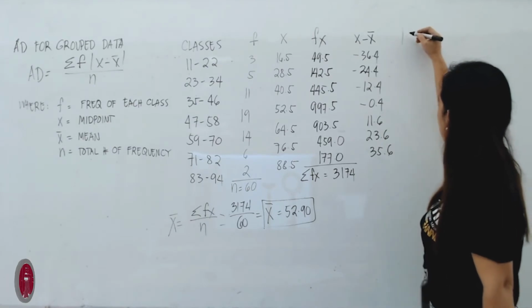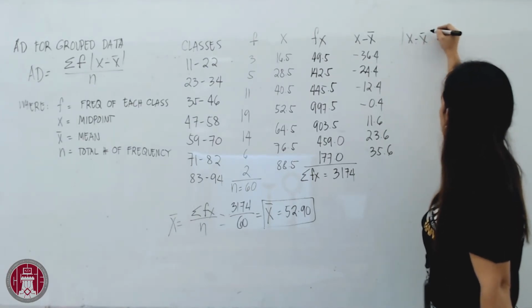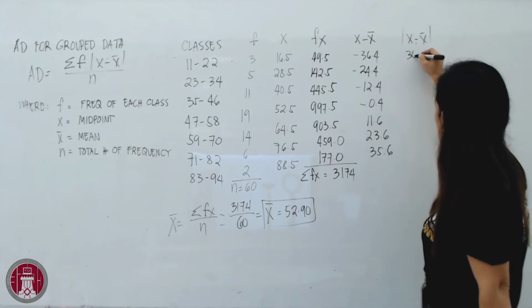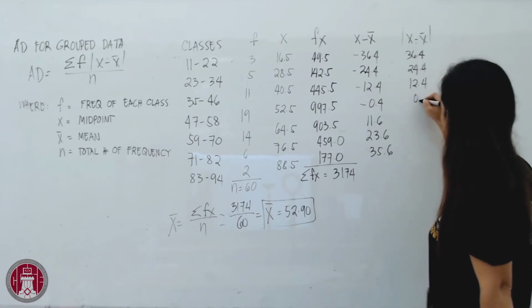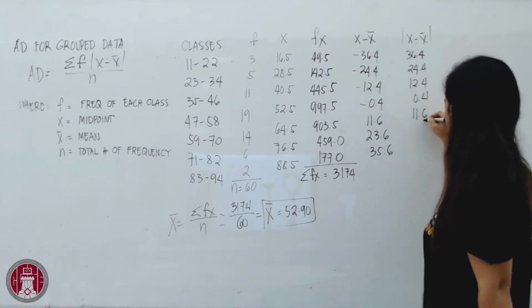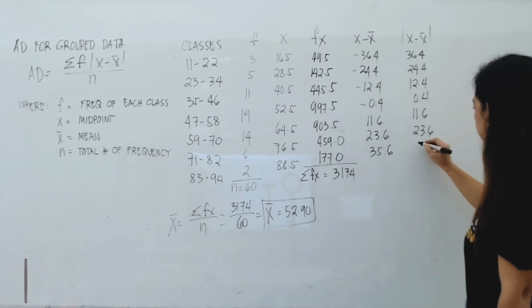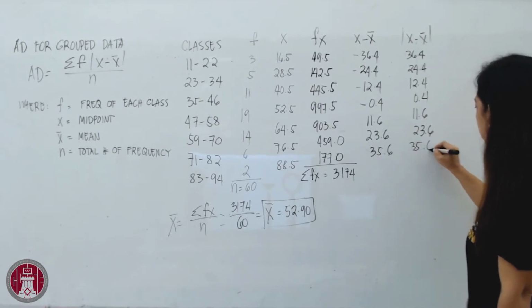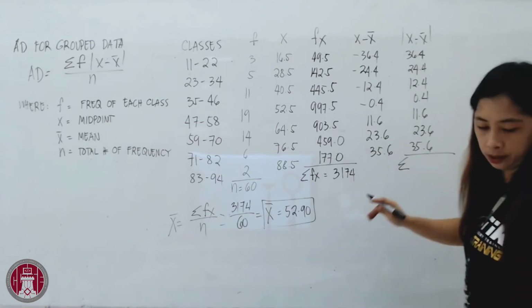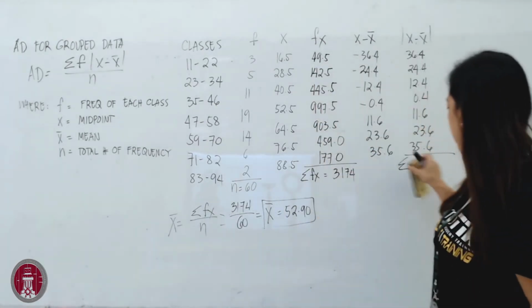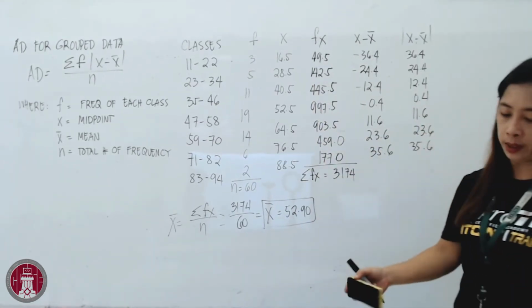Same as before, let's now get the absolute value of our midpoint less the mean. So we have 36.4. Just copy and remove all the negative values, so that would be up to 35.6. We will not yet get the summation of this one.